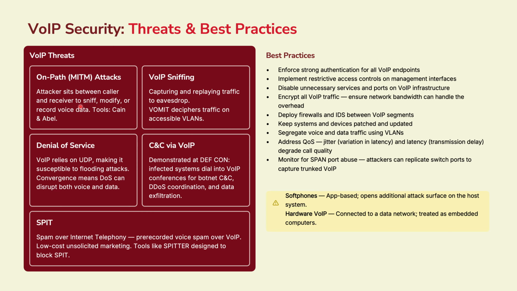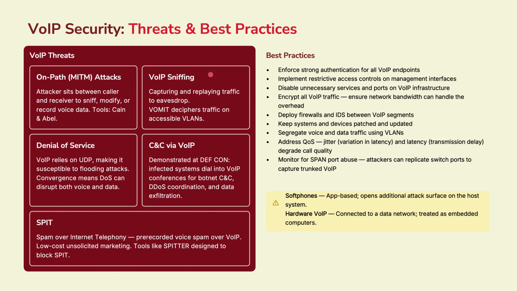The convergence of voice and data into shared infrastructure, which you see in offices, means that a denial of service attack can disable both communication channels at the same time, eliminating the traditional fallback of using phone lines when the data network is down.